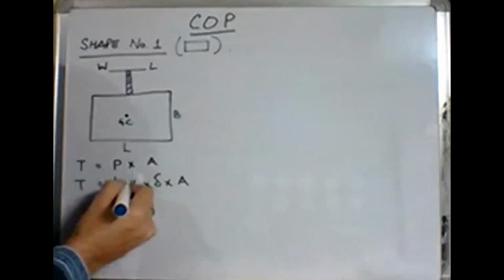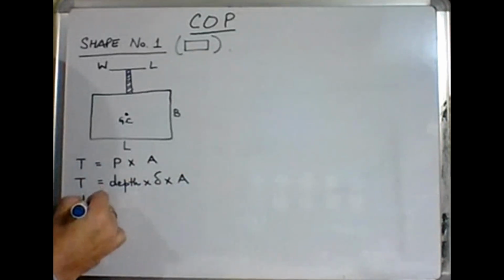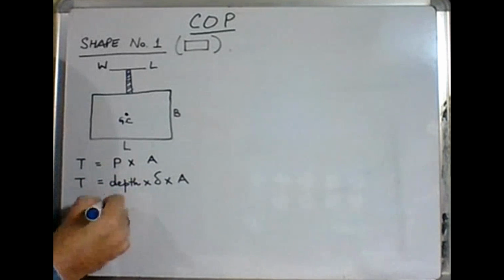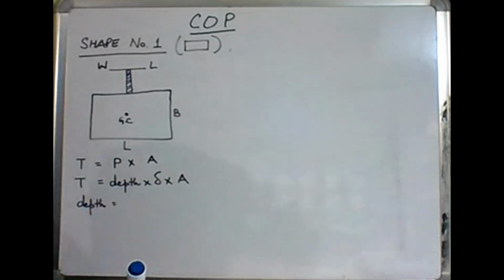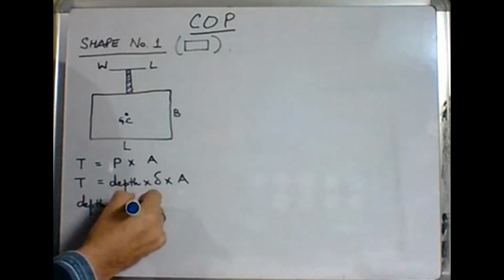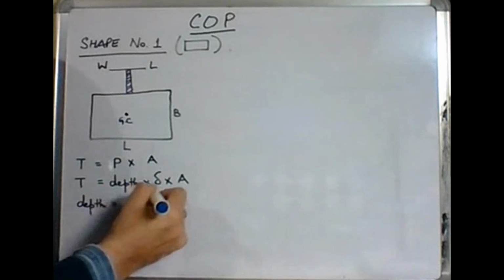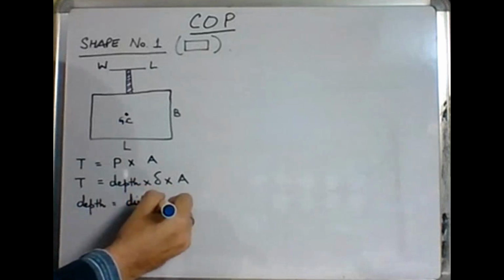What is the definition of this depth? Phase 1. Anybody? What is the definition of this depth? So distance from the water line to the geometric center. Is everybody okay with this?